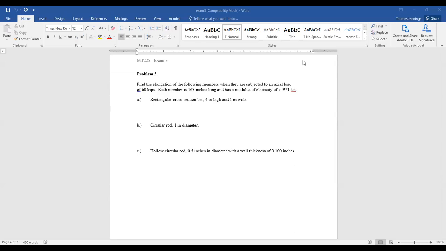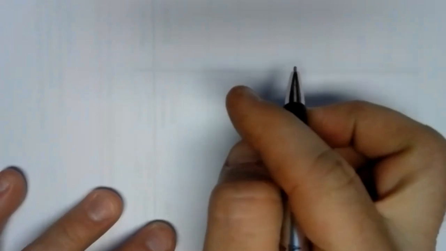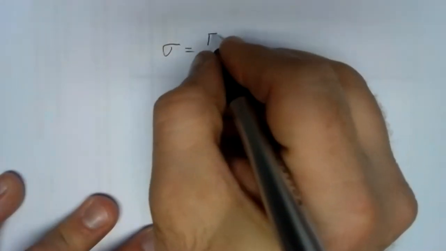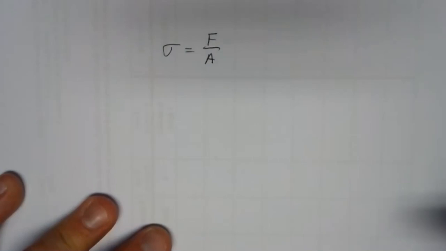To recall what you need to figure that out, we need basically 3 steps in the chain. We first find the normal stress, since we only have elongation in normal stress, from the force applied and the cross-sectional area.